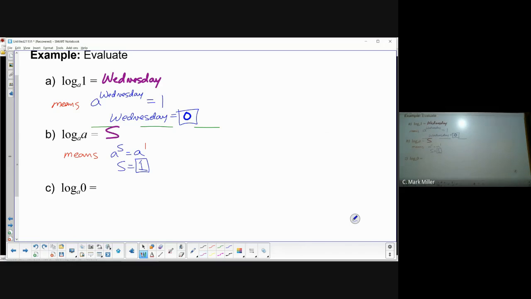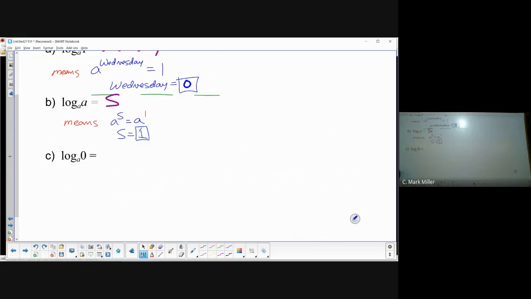Last one. Call this one Y. Log base a of 0 is Y, so a to the Y equals 0. What power do I have to raise a number to get 0?